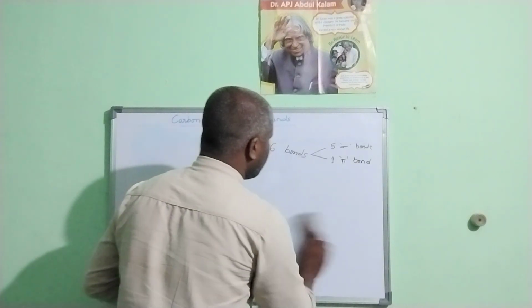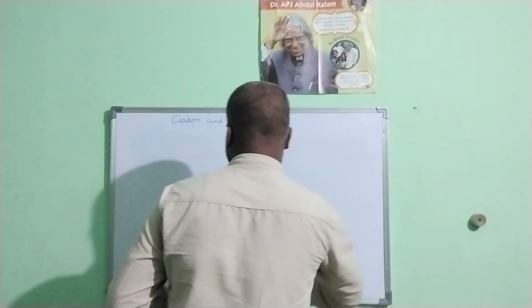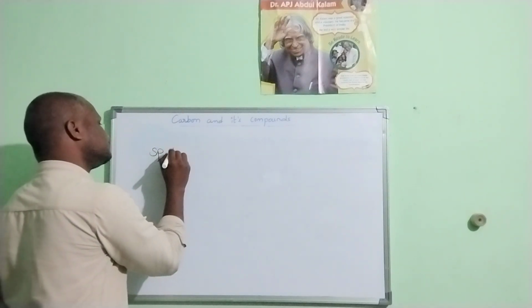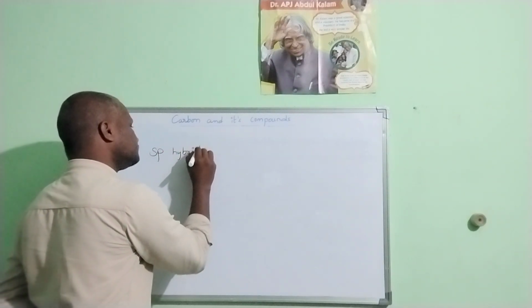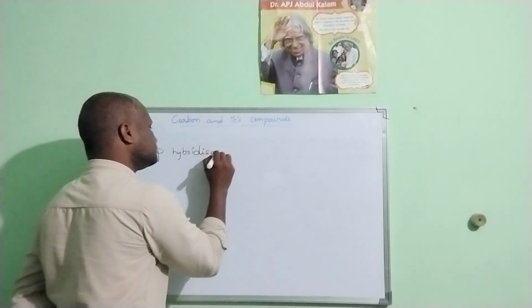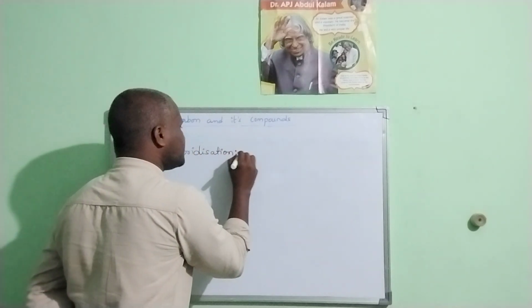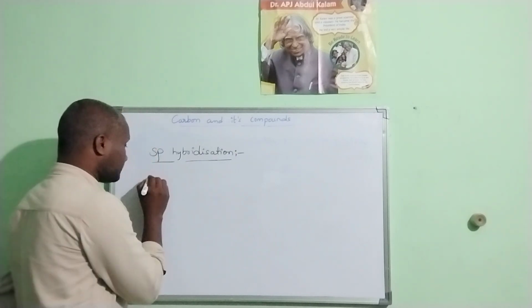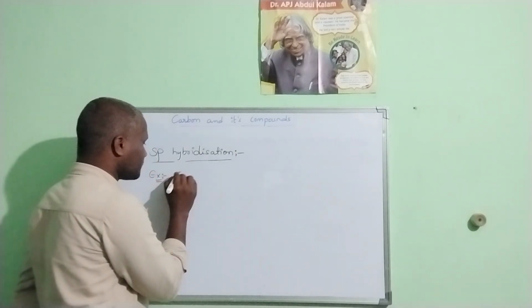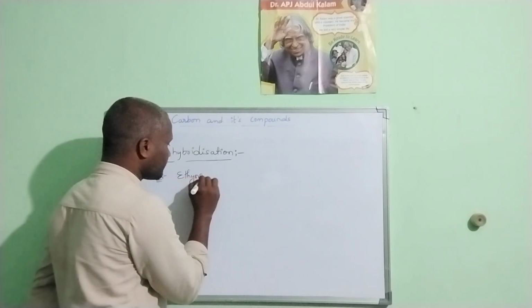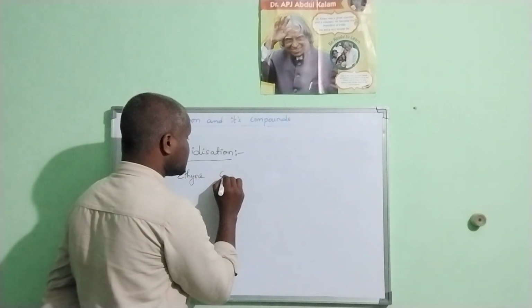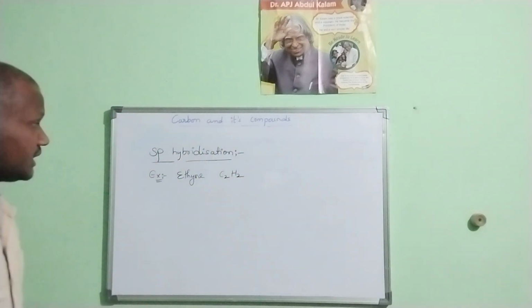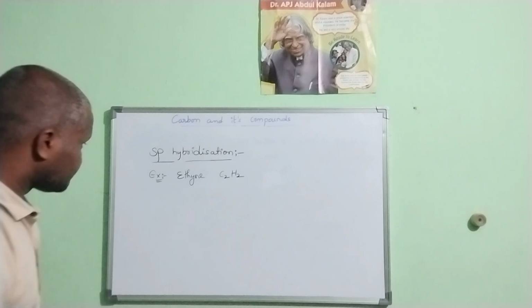Next example, sp hybridization. sp hybridization can be seen in ethyne. The chemical formula is C2H2.